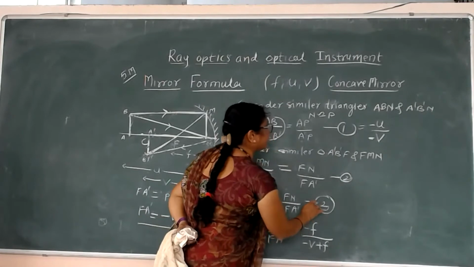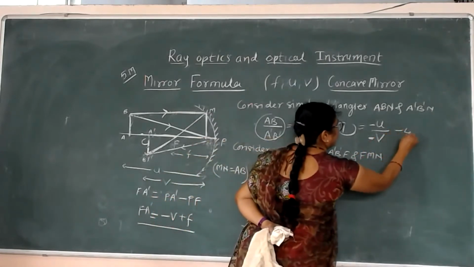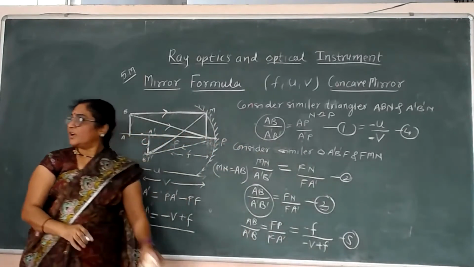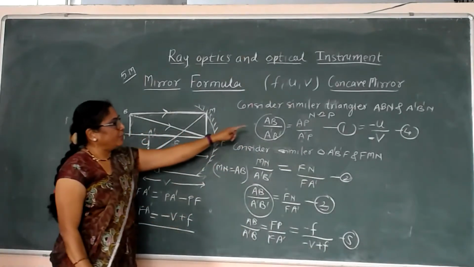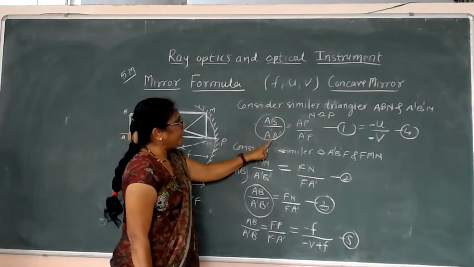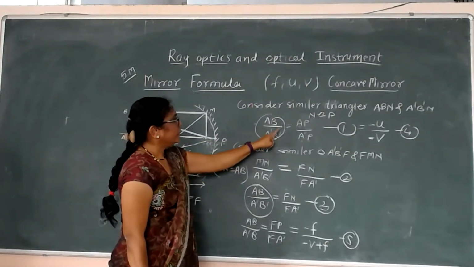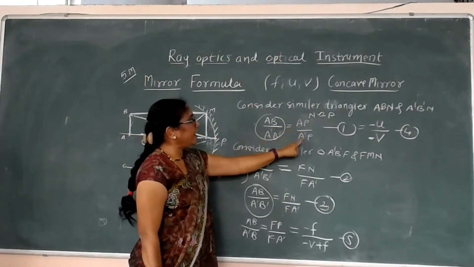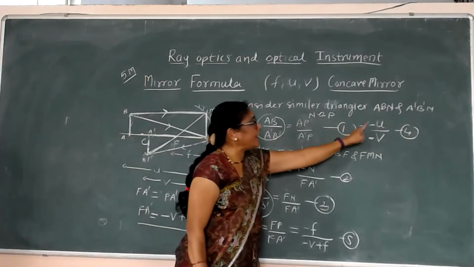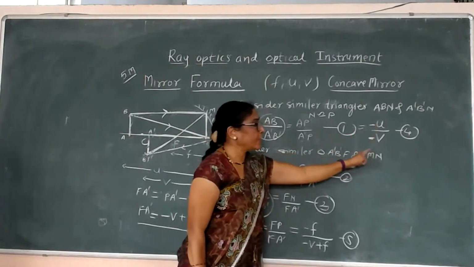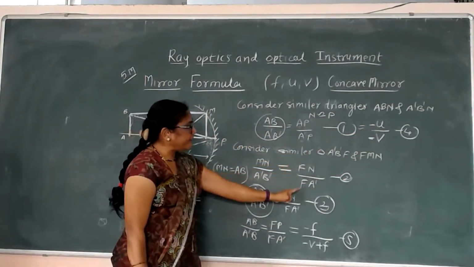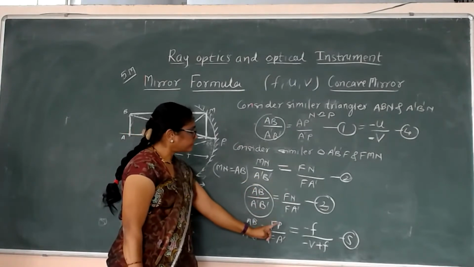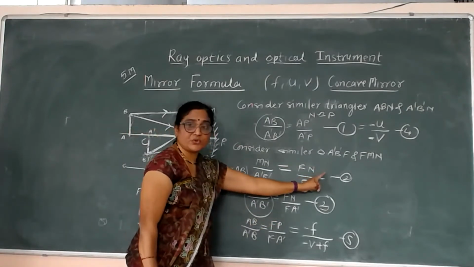Suppose this is equation number 4 and this is equation number 5. So here we got AB divided by A dash B dash is equal to minus U divided by minus V. Second, FN divided by FA dash. FN is very close to FP.